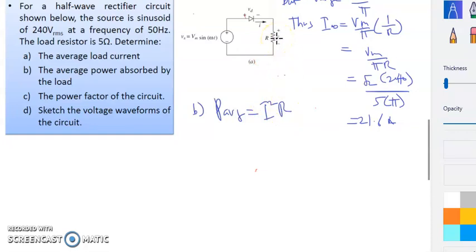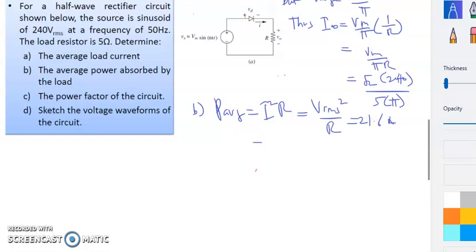So P equal to I square R, P equal to VI, P equal to V square over R. This is the power equation that you have to remember, and you're going to use it, and the Ohm's law. This is generic knowledge or formula that we use in your working area later.